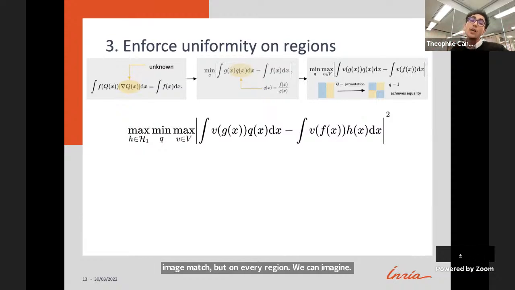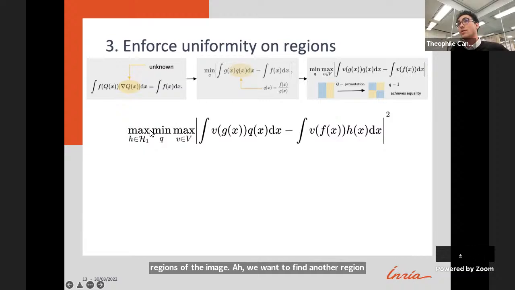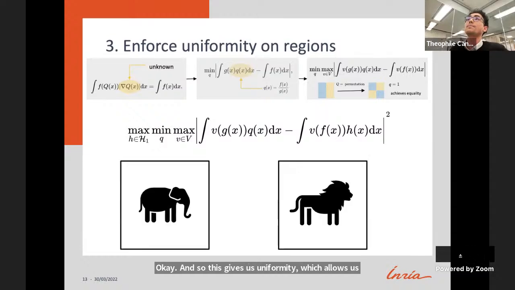So the problem becomes, before it was a min-max, and now it's a max-min-max. For all the regions of the image, H, we want to find another region of the other image, of G, such that all the moments of the two images match. This gives us uniformity, which allows us to detect a diffeomorphism.